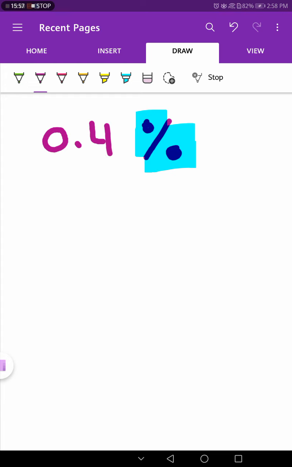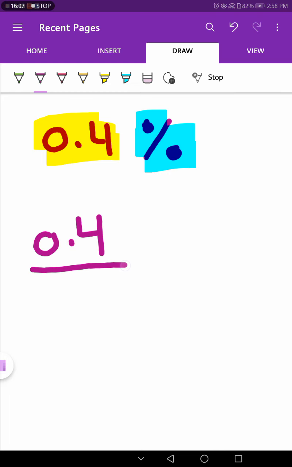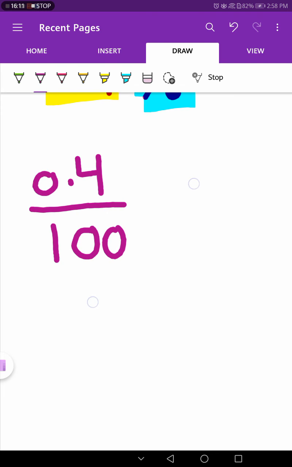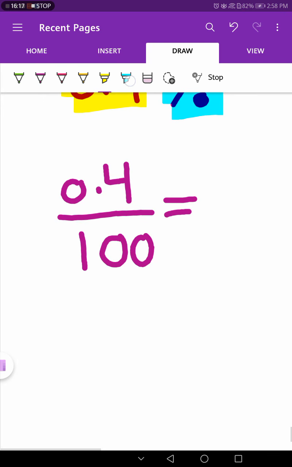Now the 0.4 is over 100 because of the percent. So it is 0.4 over 100. Now we apply what we learned. Does the number have a decimal? Yes. How many digits do you have to move? 1, 2.